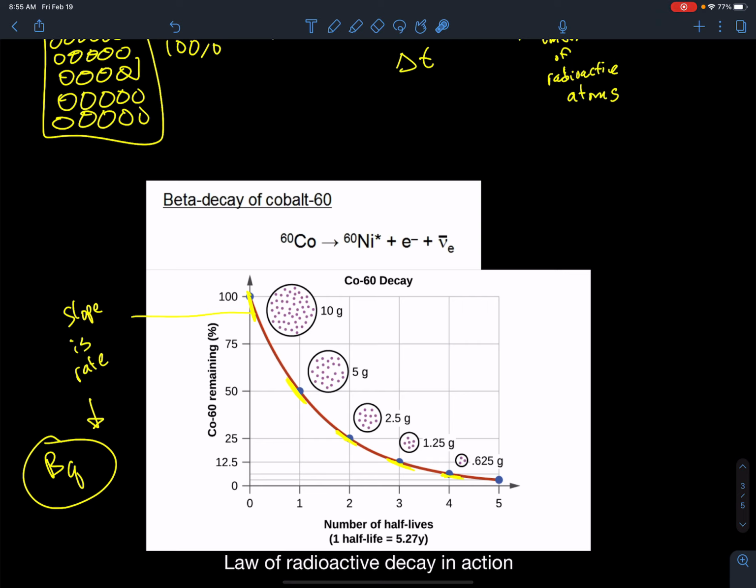So at these points where the rate of decay is halved, we call that a half-life. For cobalt-60, after 5.27 years, that slope is going to become like this. That's the half-life. After another 5.27 years, the slope is going to become half. After another 5.27 years, the slope is going to be half, and so on and so on.